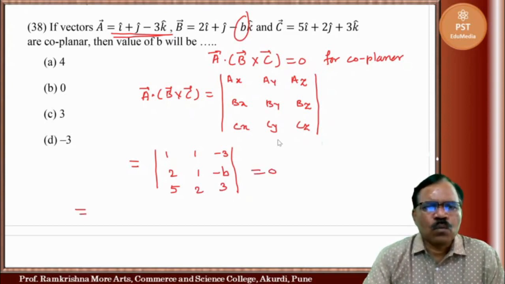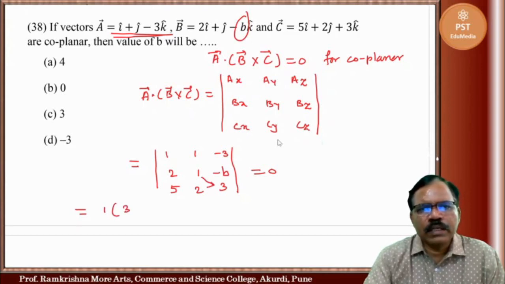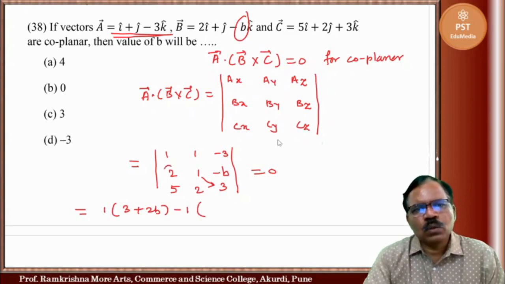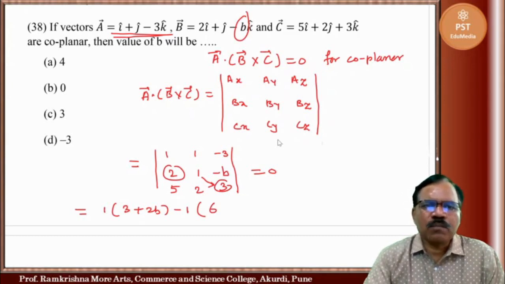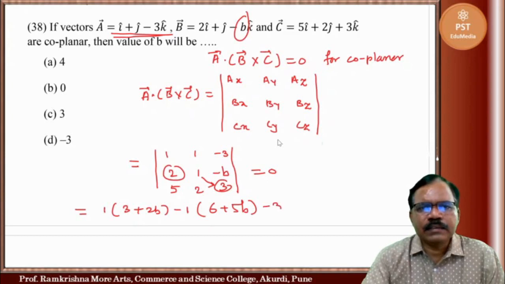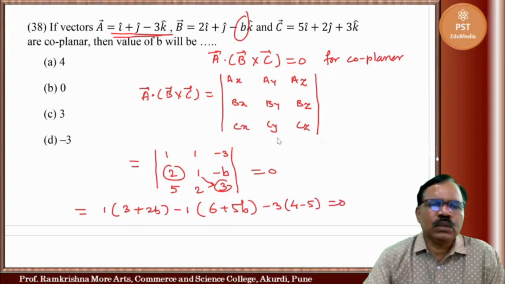Then solve: 1 into (3 minus 2 into minus b), so you will get plus 2b, minus 1 into (2 into 3, that is 6, minus b into 5), so here plus 5b, and now minus 3 into (2 into 2, that is 4, minus 5), and this is equal to 0.